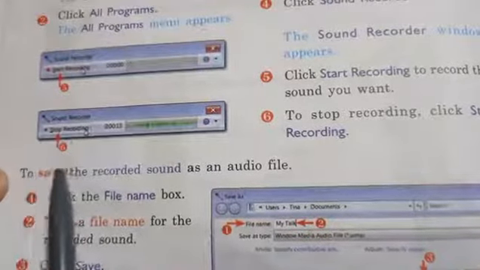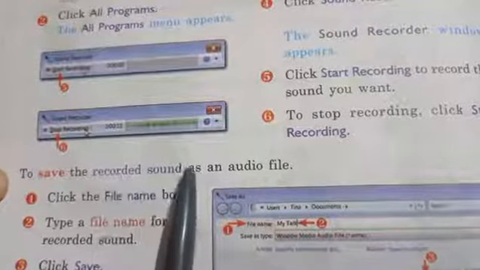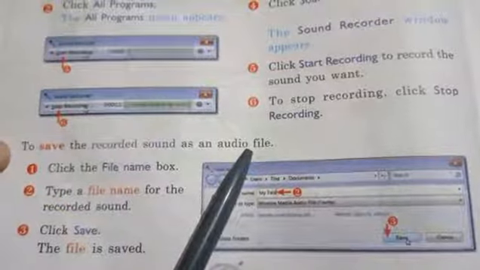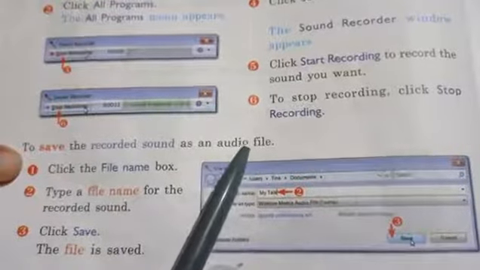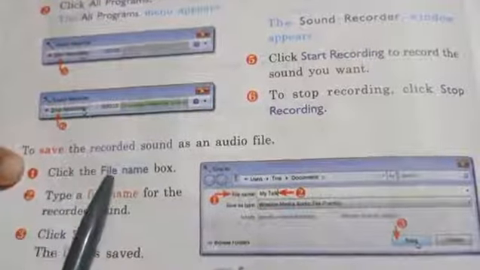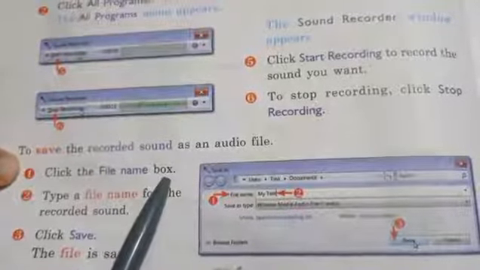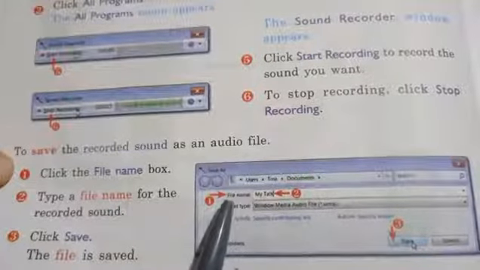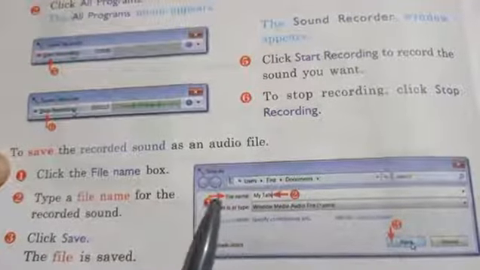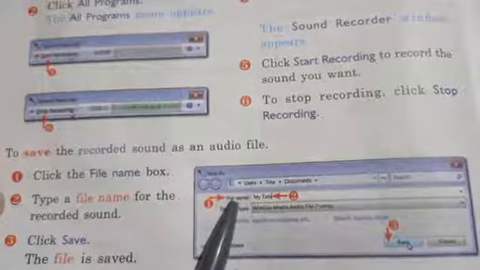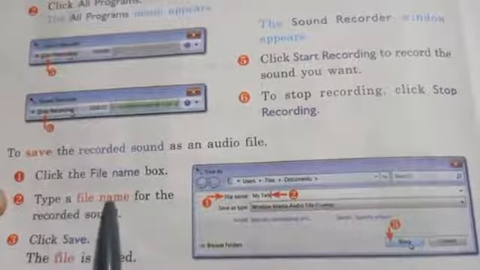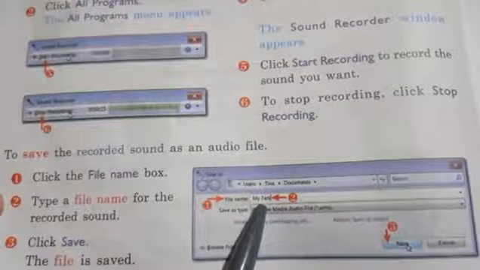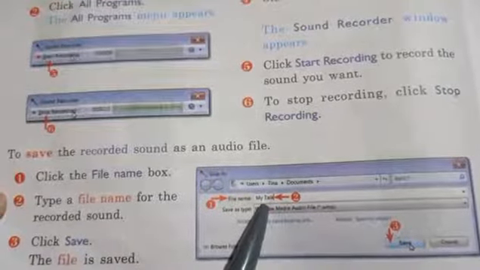Now, to save the recorded sound as an audio file. If you want to save your audio file, first step, click the file name box. You can see the file name box. Second, type the file name for the recorded sound. You can write any name for your file.